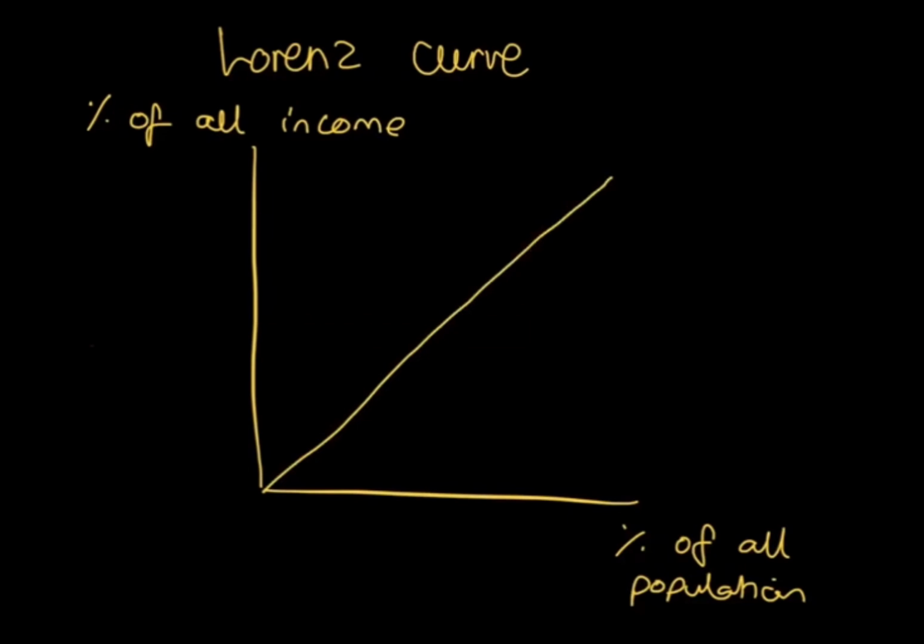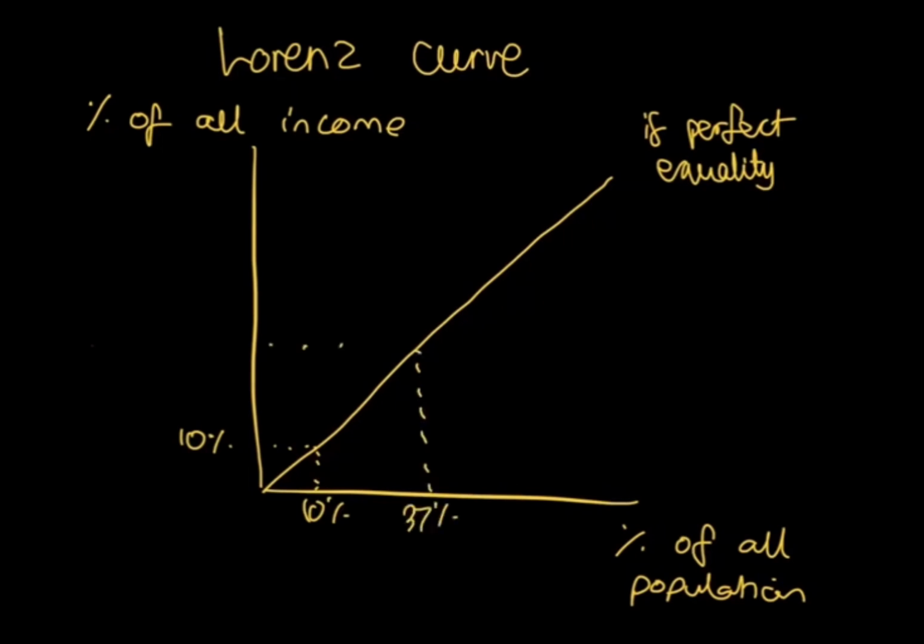Okay. So that's the line of perfect equality. That's saying 10% of the population earn 10% of the income, 37% of the population earn 37% of the income. So no matter where you look on the line, each person earns the same income.